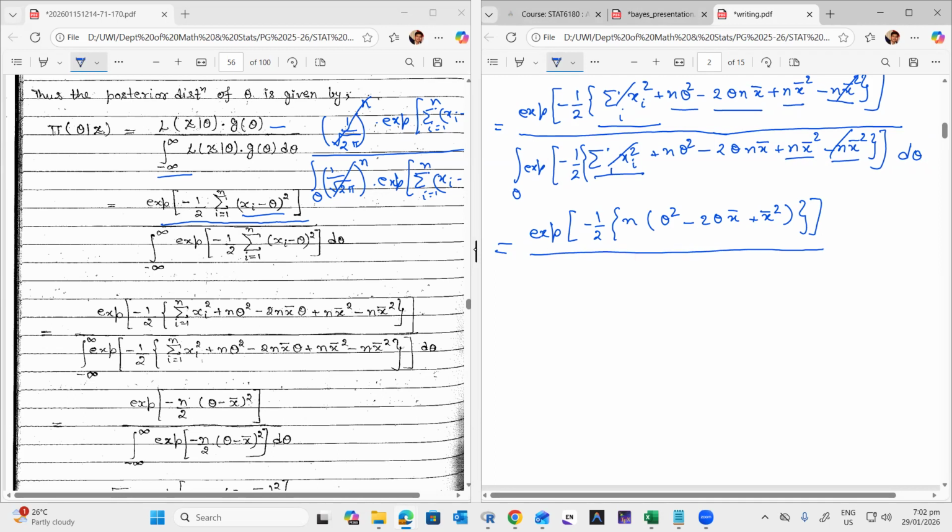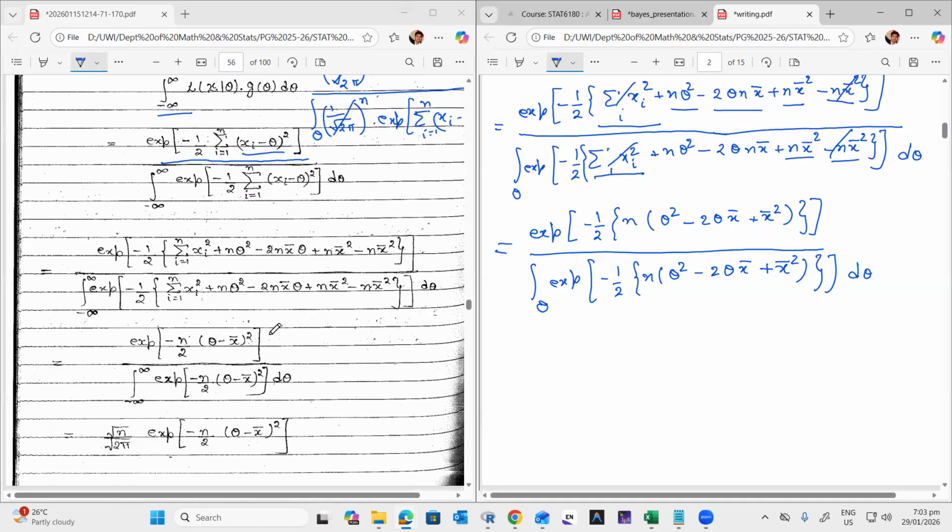Similarly, in the denominator, integral over the range of theta e raised to the power minus 1 by 2, take n common, theta square minus 2 theta x bar plus x bar whole square d theta, right?